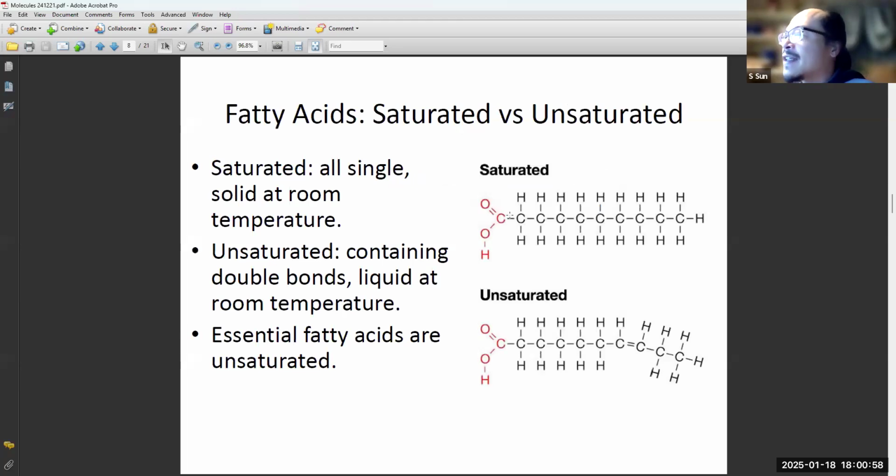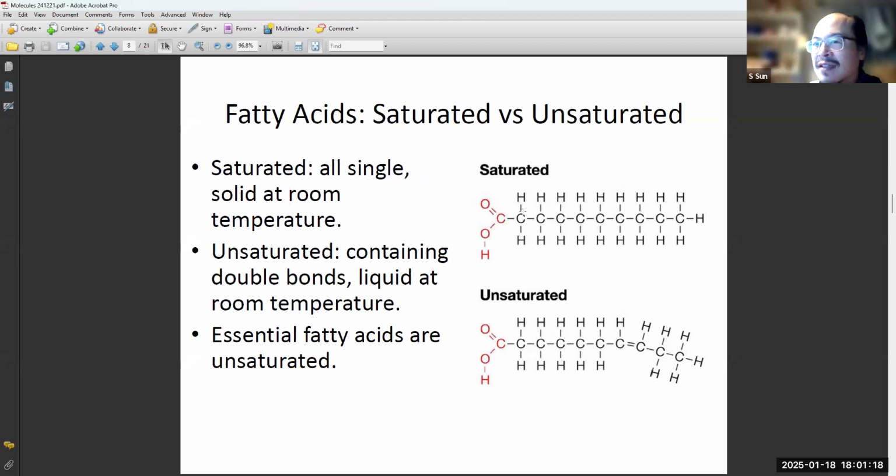So a single fatty acid has a structure like this. It's very straightforward. Fatty acids have two major structures, two major classes. One we call saturated fatty acids.